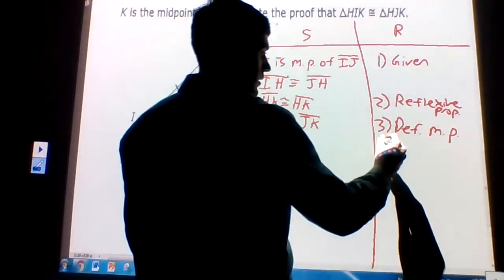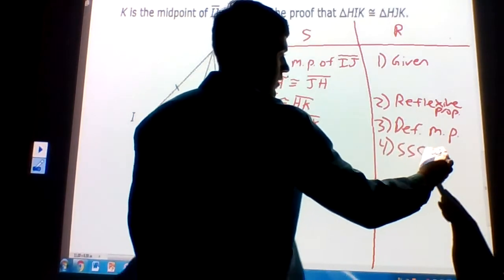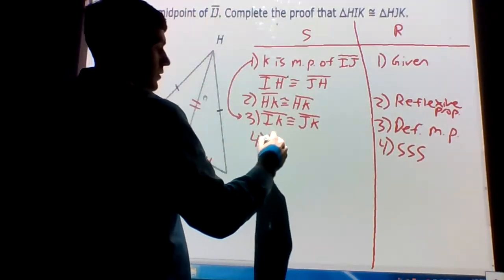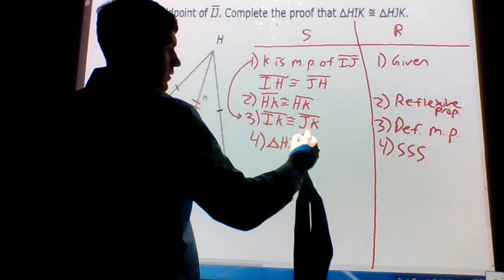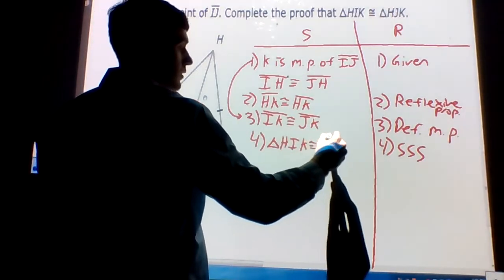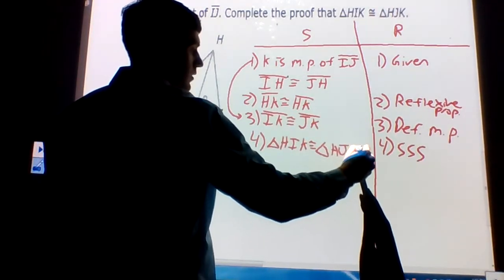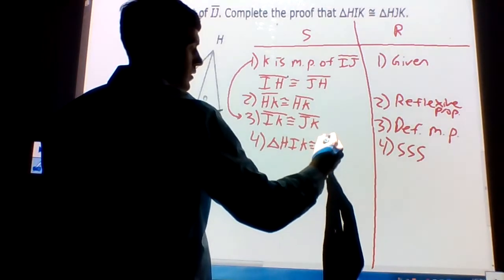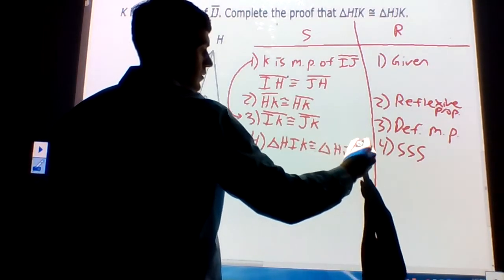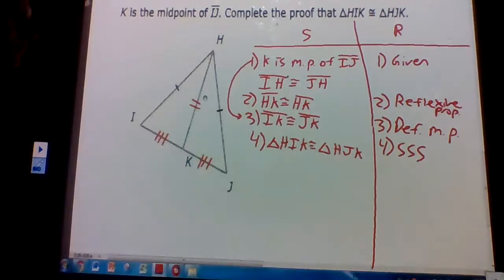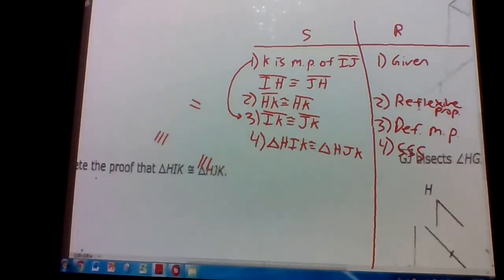So we can use side, side, side to show that triangle HIK is congruent to triangle HJK. And we're good for number 3. Head over to number 4.